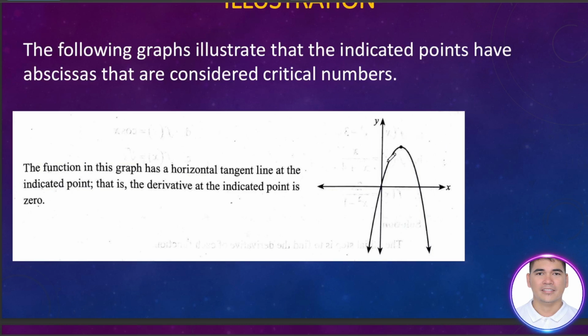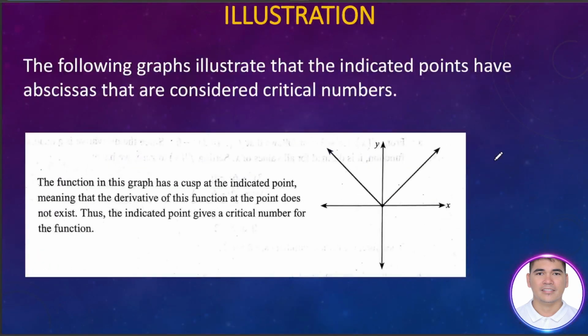And the point of tangency, for example, indicates the 0 point or what we call the critical number here. And the next graph, the function in this graph has a cusp at the indicated point, meaning that the derivative of the function at the point does not exist. Kanina we got 0. Here we have the does not exist. And that is our critical number since this point is a part of the domain of the function.